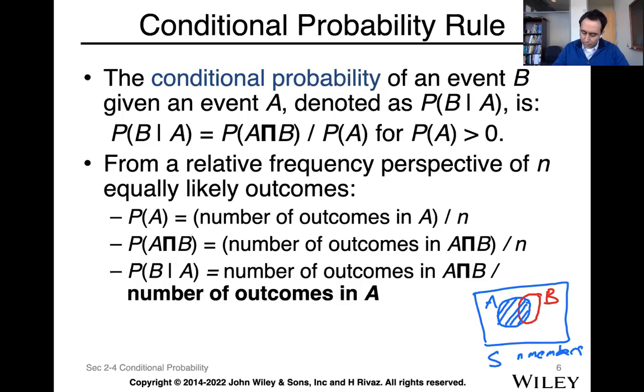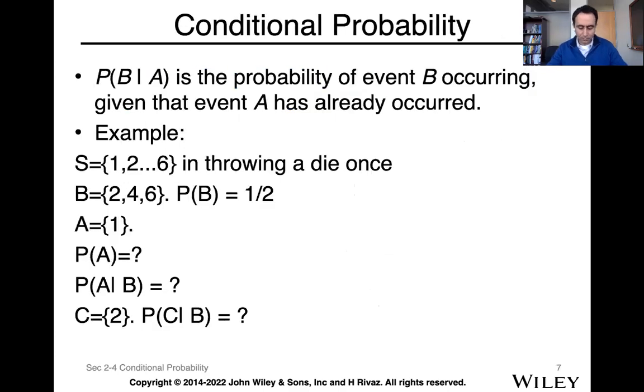So for sure, nothing here could have happened outside of A, right? And because of that, we divide by the number of outcomes in A, right? So it will become clear by examples. Don't worry if you didn't understand my explanation. So we will do many examples of conditional probability.